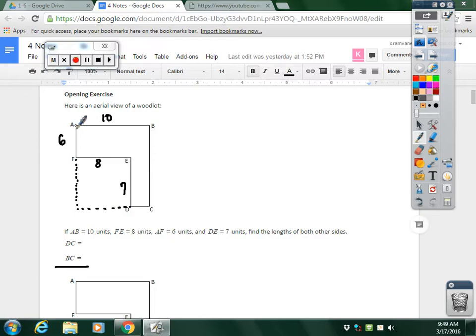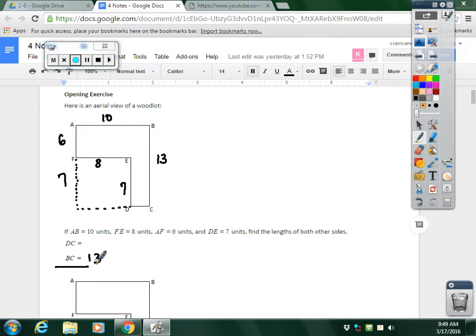I know from here to here is 6, so I have to figure out what here to here is. From here to here is 7, so this is 7. Now I add both parts, 6 plus 7, and I get 13 for the length of BC.